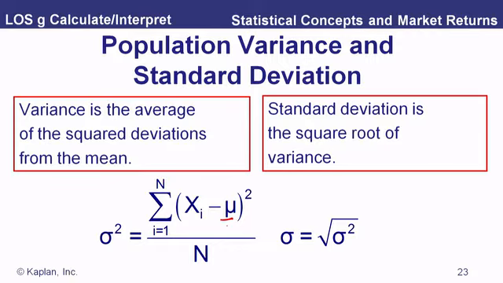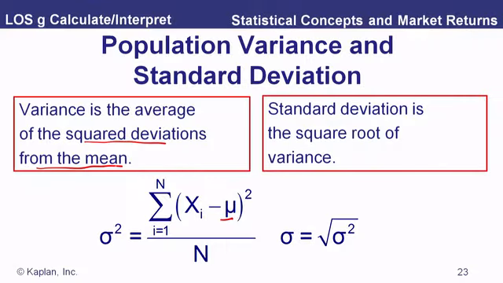And how do we calculate the variance? Well, it's the average of the squared deviations from the mean. Hey, we already found the deviations from the mean. We took the absolute value of them, added them up, divided by n.